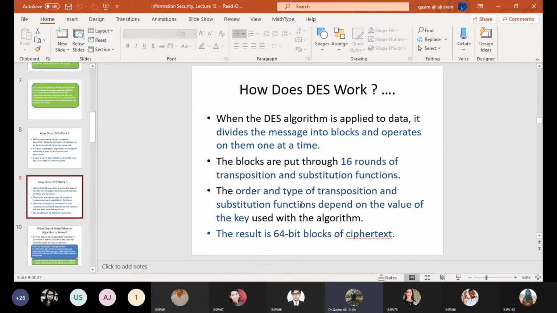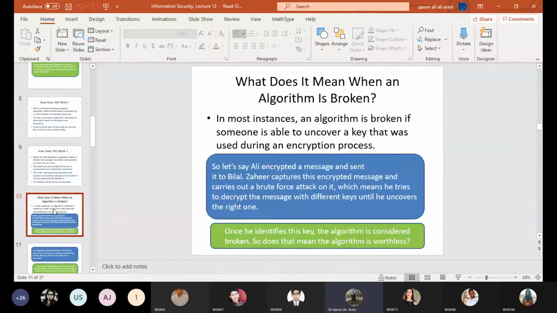If you have a smaller key or a smaller key space, it is possible that fewer transposition and substitution functions are performed and you have less security for your data. So the result is a 64-bit block of ciphertext, right? This is how your DES algorithm works, right?